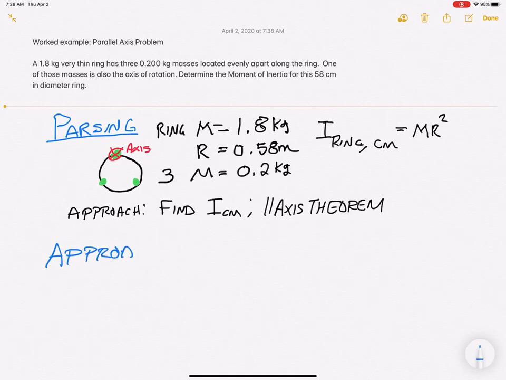So we do our approaches, and the first is we need I center of mass of this system.